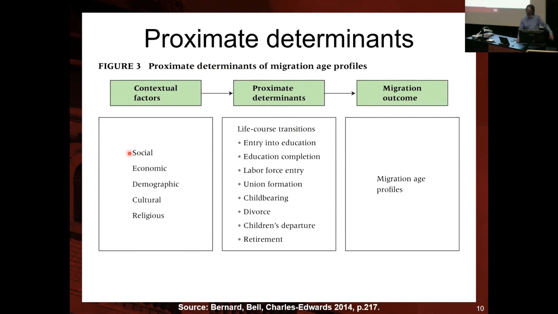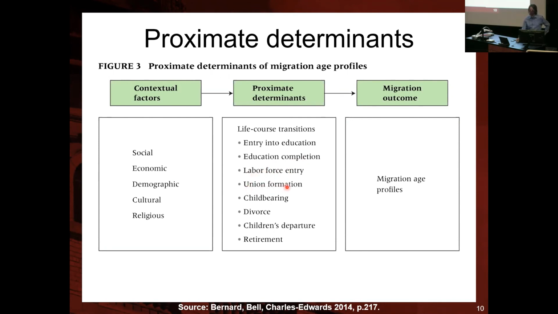So there are some social, economic, demographic, cultural, religious factors that will influence the time in which we enter education. In this case, I'm talking about college education. When I complete education, when I finish college, I will tend to move away from the area where I'm studying. When I find a job, I will tend to move to the area where I found a job.